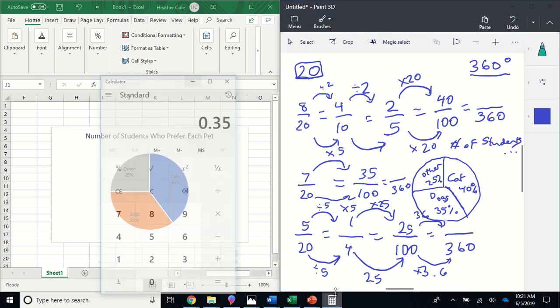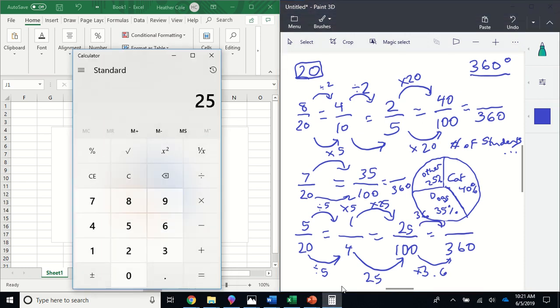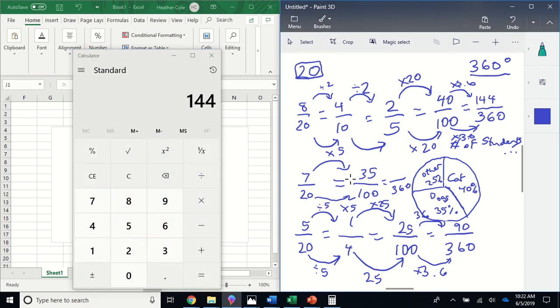So 25 times 3.6 equals 90. So I can write my 90 in here. And if I do, again, times 3.6, 40 times 3.6 gives me 144. And 35 times 3.6 gives me 126.